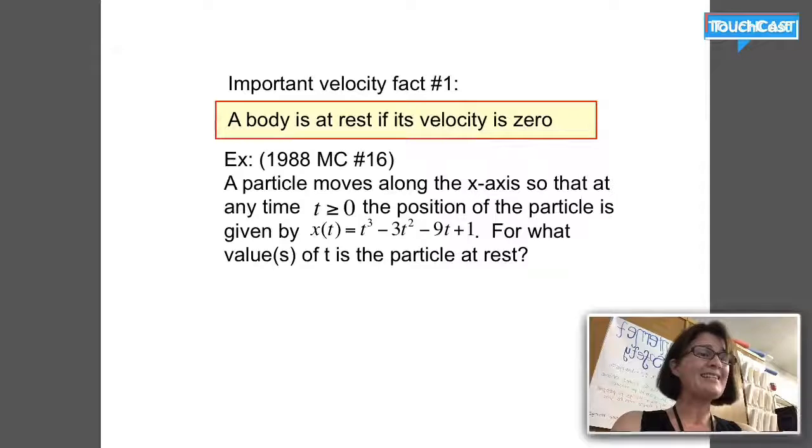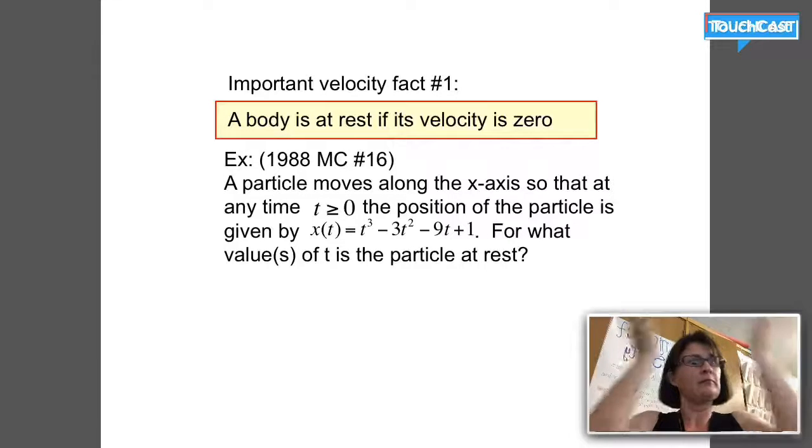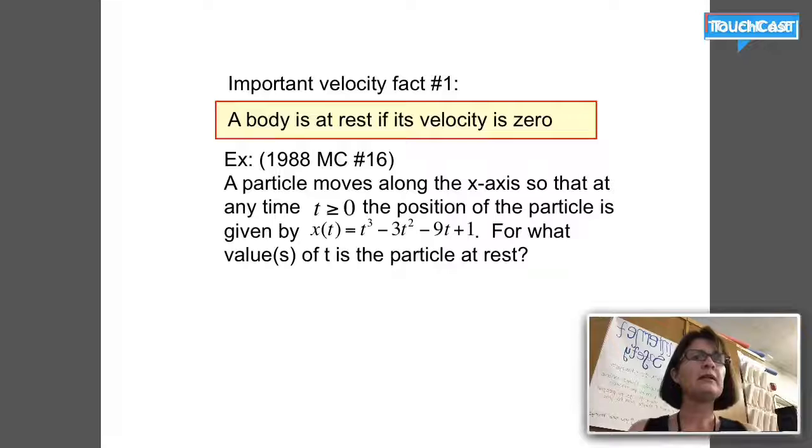Now, two important velocity facts. You'll hear this on the AP test. A body is at rest. Anything that's floating through the air, a body, something that's moving through time or space, is at rest if its velocity is 0. So this is an actual released multiple choice question from 1988, number 16.